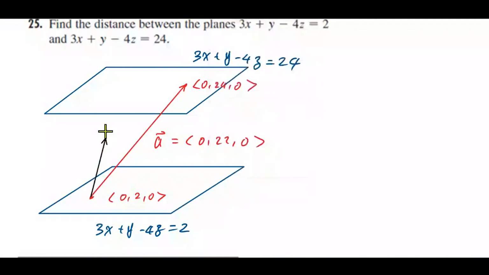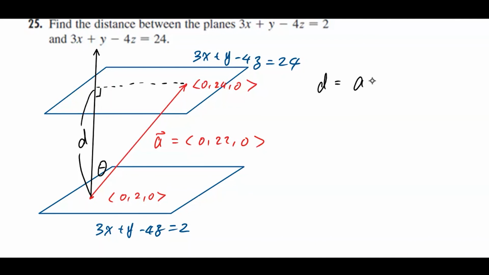If I have a normal vector, I'll just poke it through somewhere. You know what I'm saying? So this is the perpendicular distance, isn't it? We'll call that D. We'll call this angle theta. So my D here is the magnitude of A times cosine theta, absolute value now, isn't it?